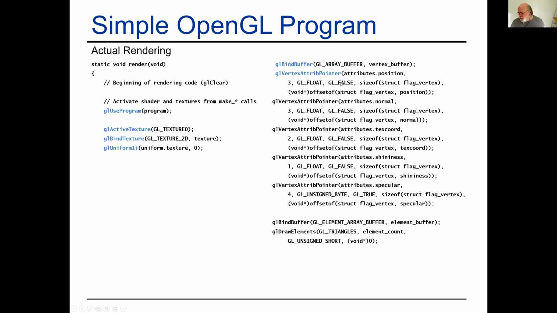I forgot what that false is here. This is the step size between consecutive entries in the array. Because the data is stored in these structures, the step size from one position to the next is just the size of these structures. And it starts at the offset of the variable position in that structure, right?